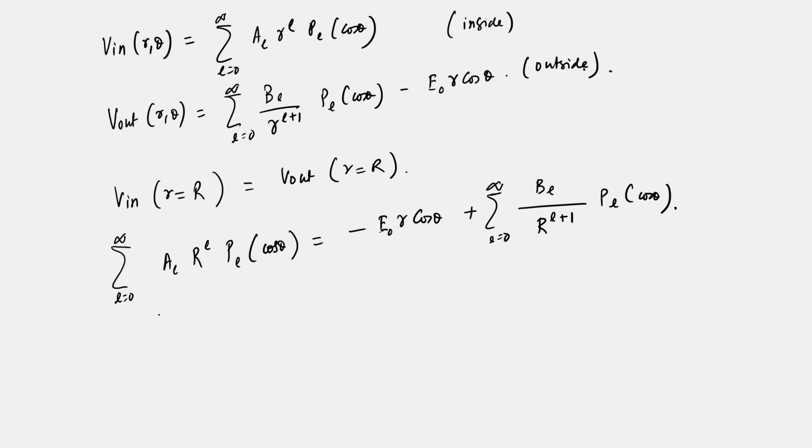Now, you see this is a sum over L, which means that all values of L, in fact an infinite number of values of L, are possible.